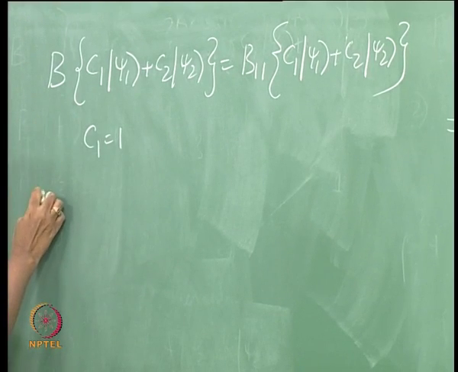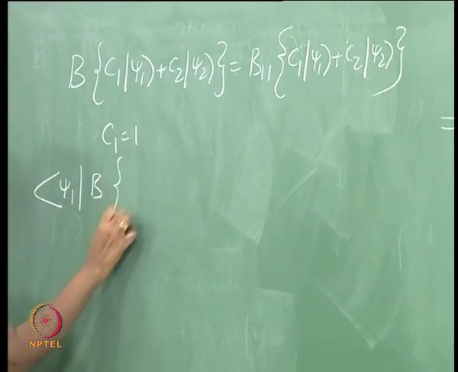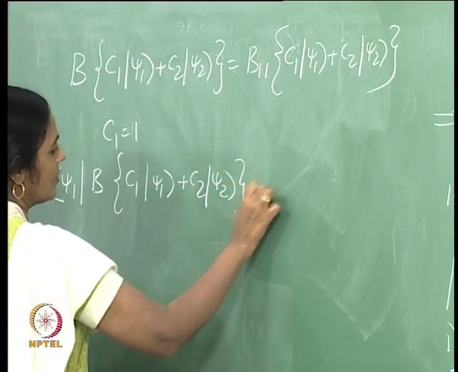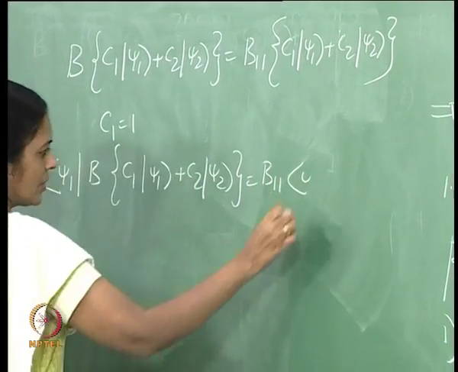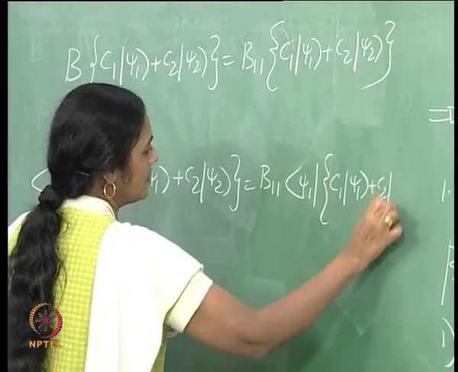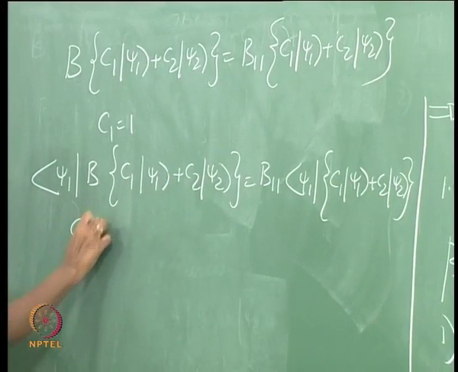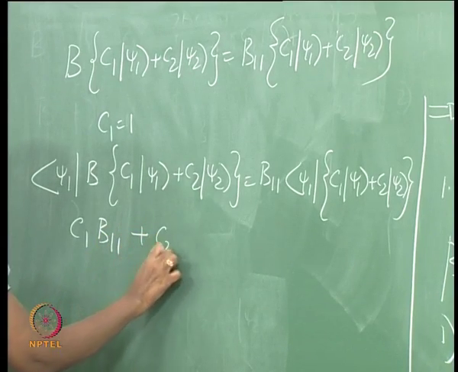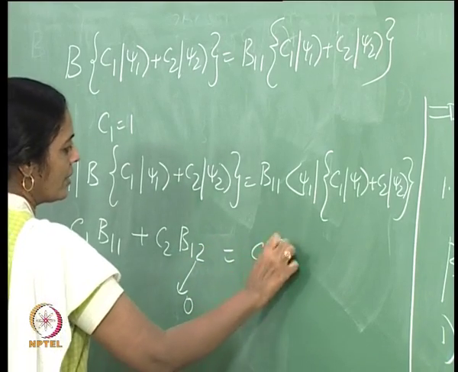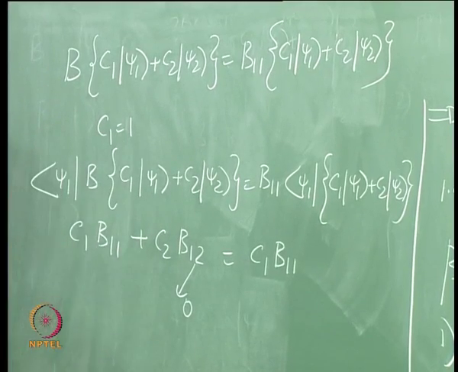So, if I took C1 equals 1 and if I work with psi 1 on this side as before, B11 is a number, so I can pull that out. This gives me C1 B11 plus C2 B12, but that object we said was 0, is equal to C1 B11, which is just a consistency condition. I have put C1 equals 1.